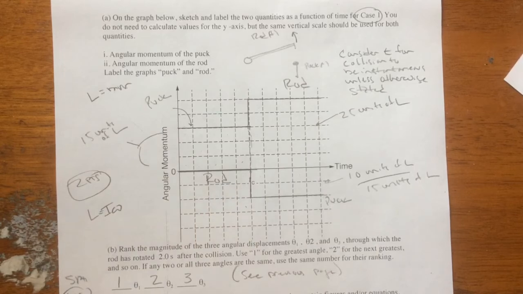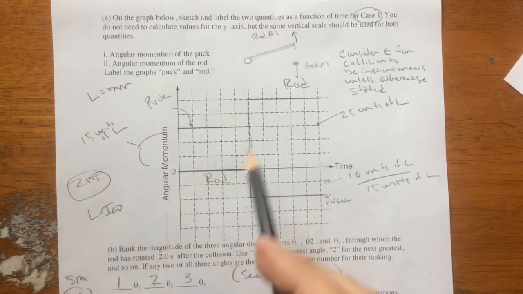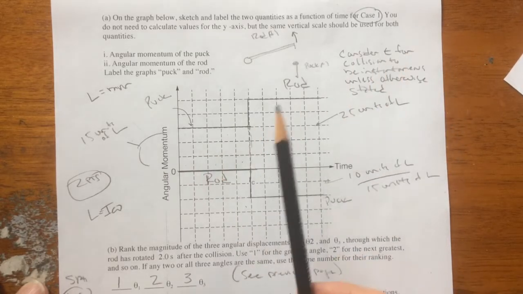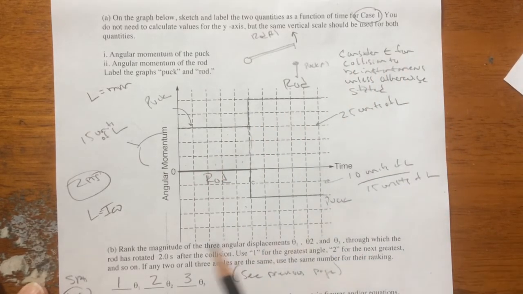I wrote some notes here, this is 2 points. Momentum is conserved. Angular momentum is conserved. Look what I've done. Your key on AP Classroom is a little different, and I did that deliberately so you can think through.